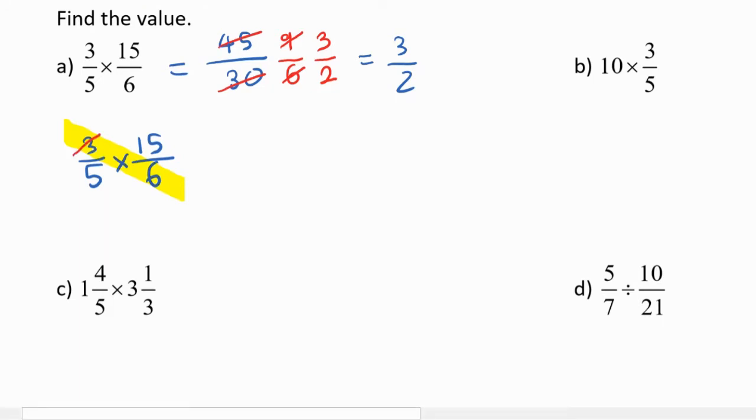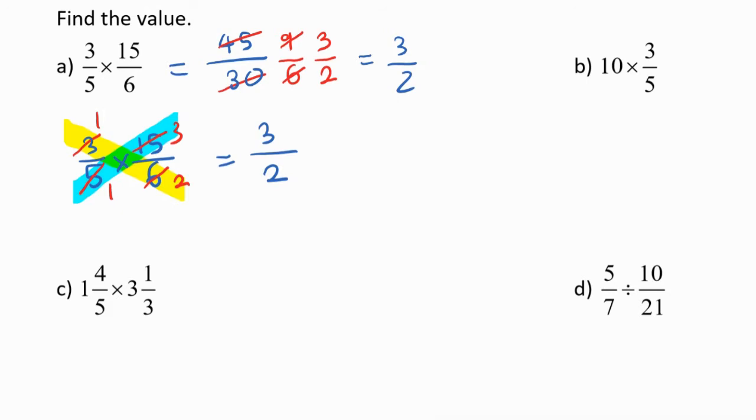So 3 divided by 3 is 1. And this becomes 2. And look at this. 15 divided by 5 is 3. 5 divided by 5 is 1. And the final answer, 1 times 3, 3. 1 times 2 is 2. Either way, you get the same answer.